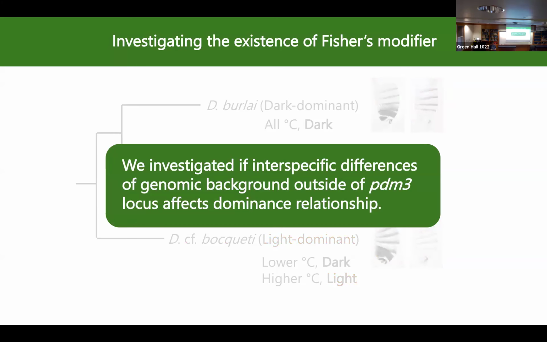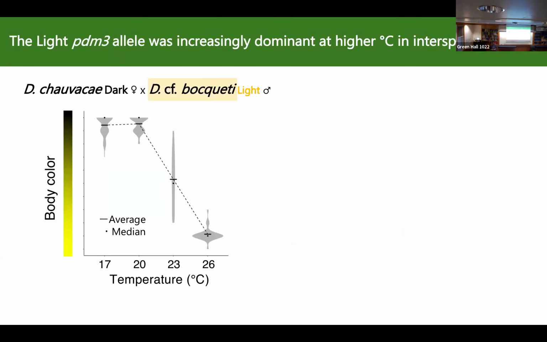So we investigated whether the interspecific differences of the genomic background outside of PDM3 affect the dominance relationship of the PDM3 locus. At first, what we did was interspecific crosses.